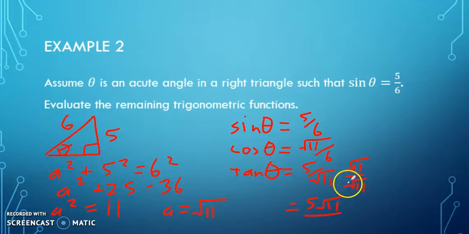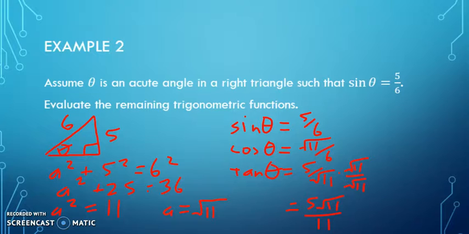Whenever you have the square root of a number times the square root of the same number, whatever you multiply, it's just going to be the number inside of the radical. So square root of x times square root of x is x. In this case, square root of 11 times square root of 11 is 11. That can't be reduced anymore, so that answer is done. That's our tangent of theta answer.